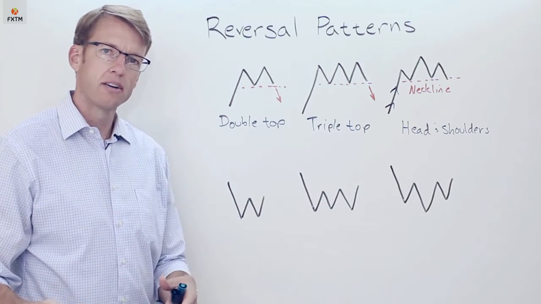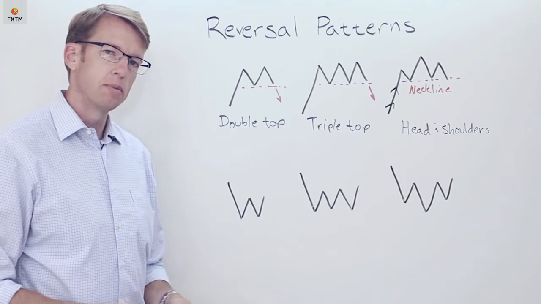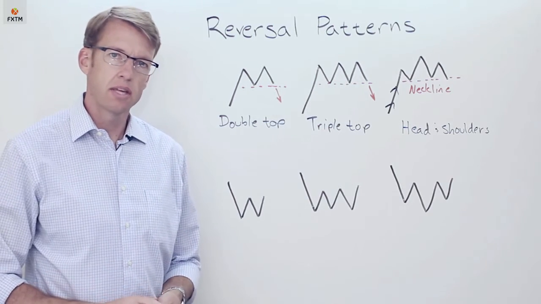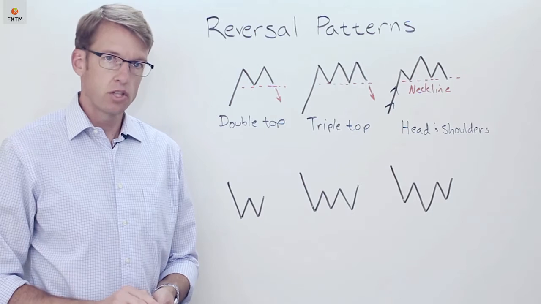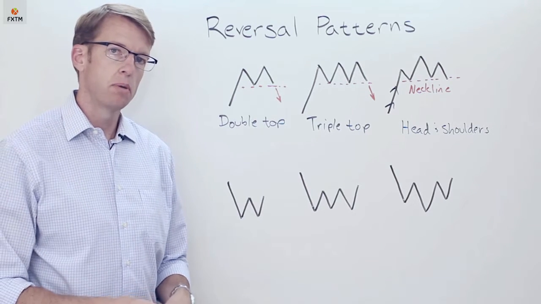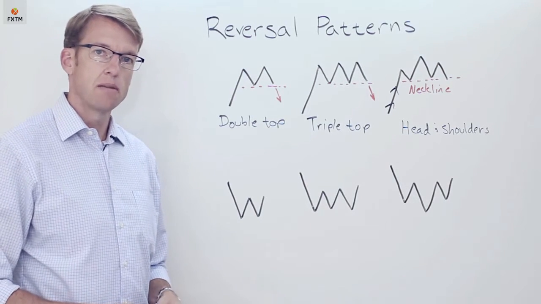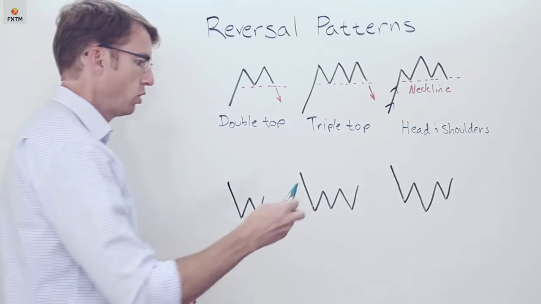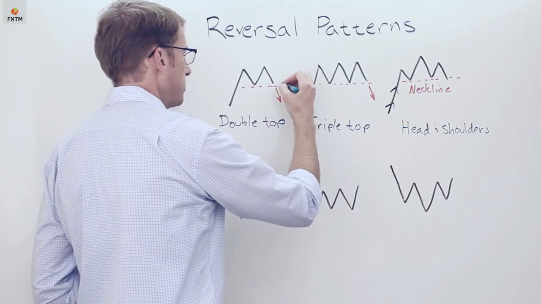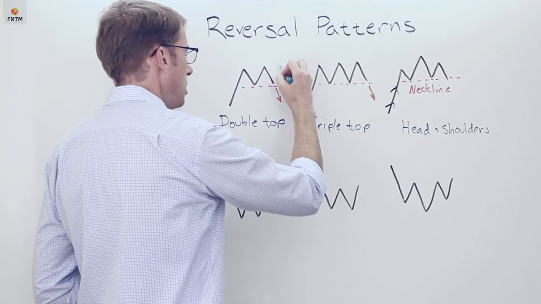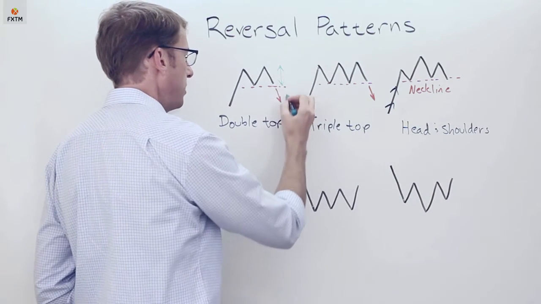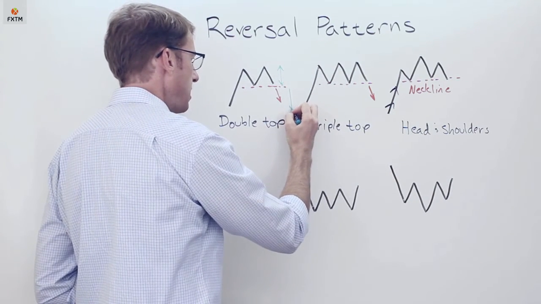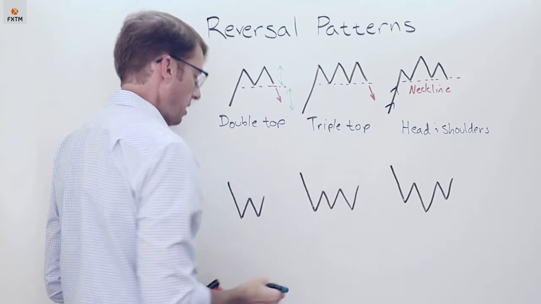Now, once a technical pattern or a reversal pattern has been confirmed, how do we make an estimate as to how far we think the trend may reverse? It certainly could exceed this and it may fall short, but a good rule of thumb is to use the measure rule. Now, the measure rule looks at the height of the pattern. So let's say in this case with a double top, we're looking at the height or the depth of the pattern, and then we project that same distance down from the breakout point.